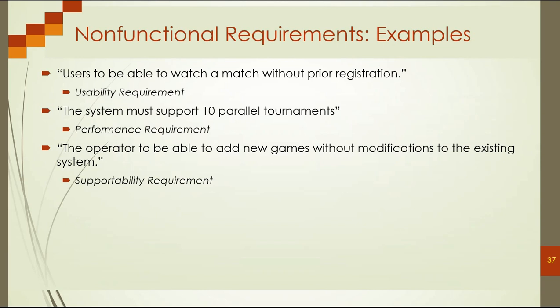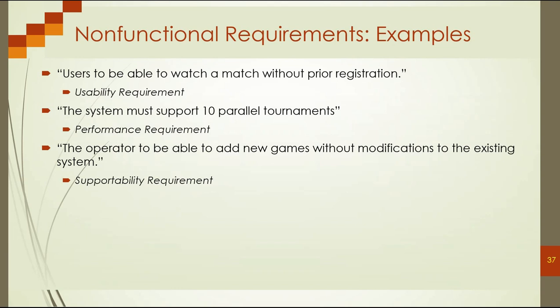So here is a list of functions. Okay, you know what function means. This is some example of the non-function. We say, okay, the system is available 24 hours, or here, as they say, usability.